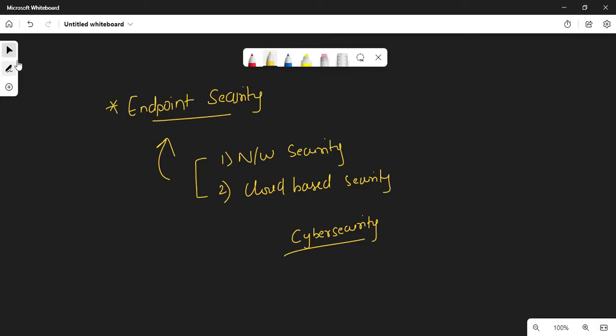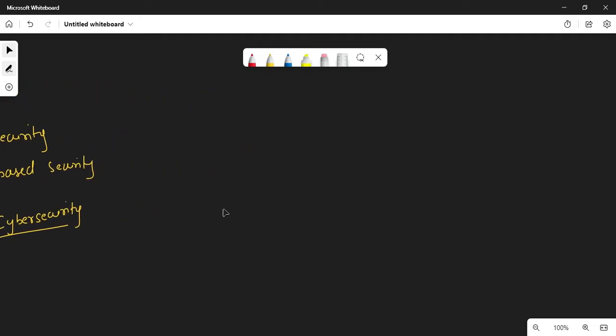So basically what happens in your network? If we talk about any critical corporate network, it will have users connected to a switch, and then you will have your next generation firewall in place, and then it will have the public connection, right?